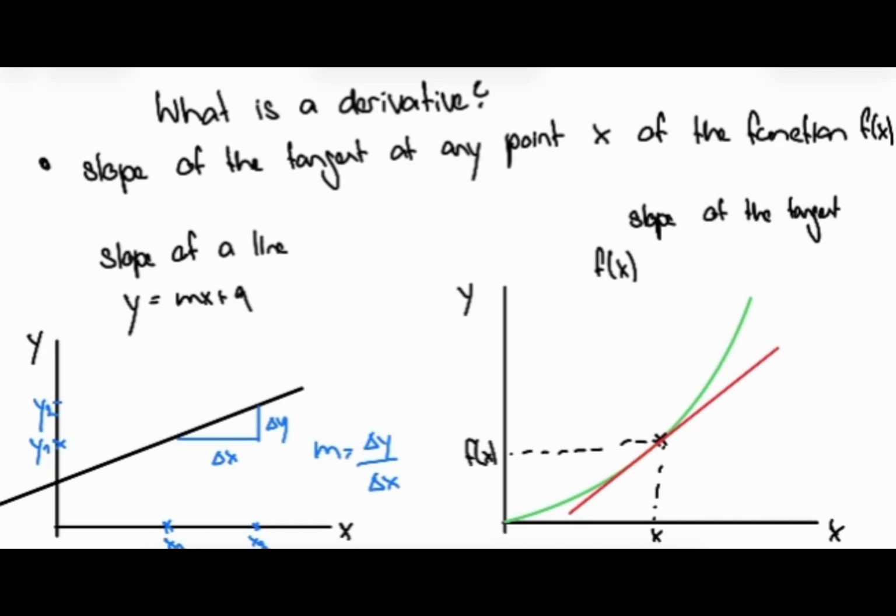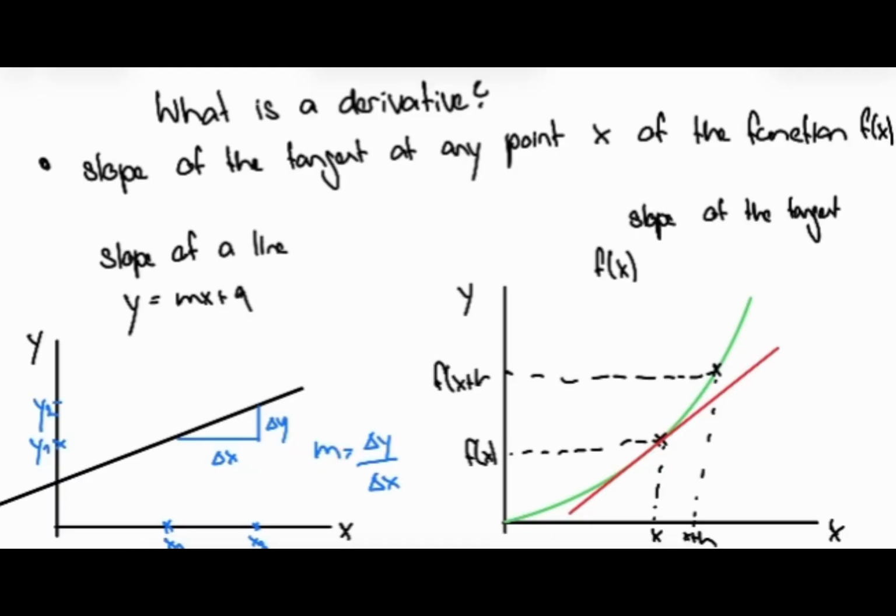So we take another point, defined by x plus h. We could take any variable, but h is commonly used. To find the value, we put x plus h into the function.